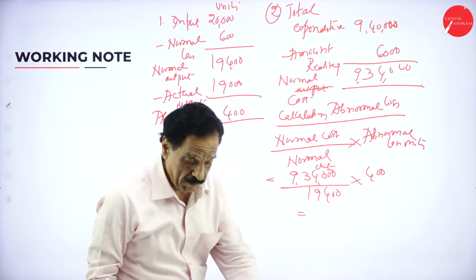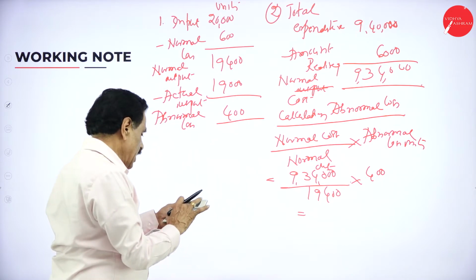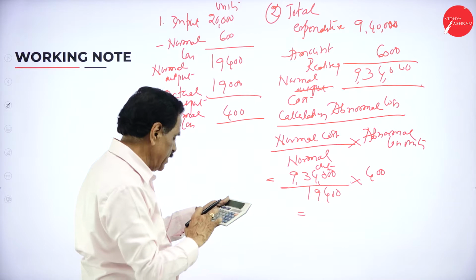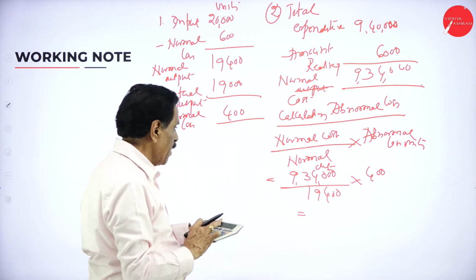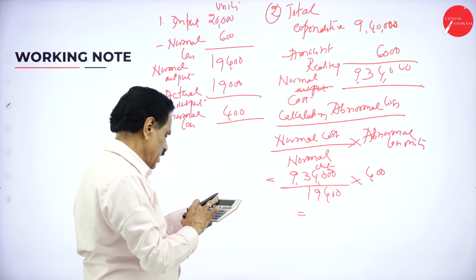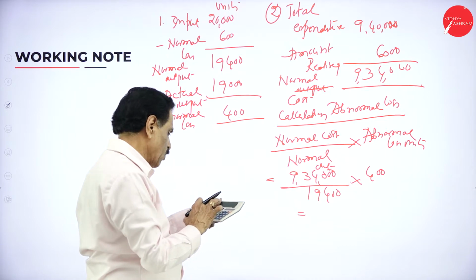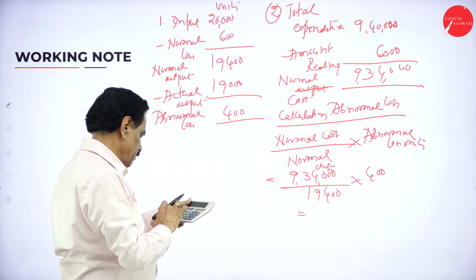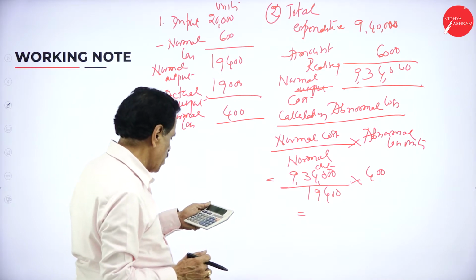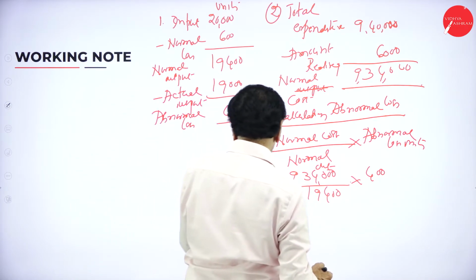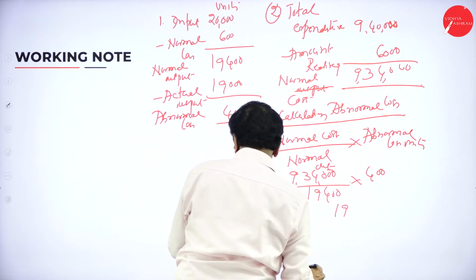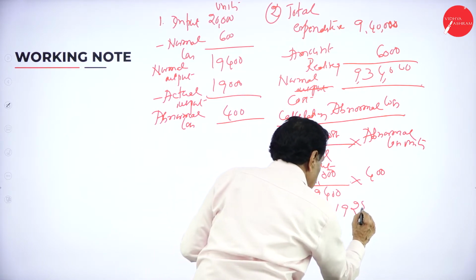Value: 9,34,000 divided by 19,400 into 400. 19,257 or 19,258.